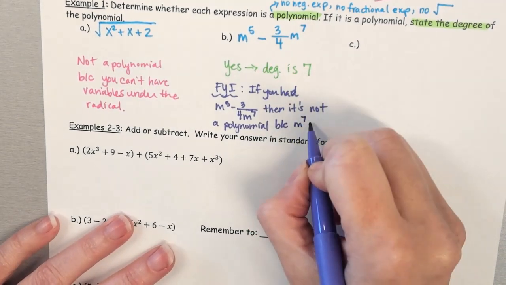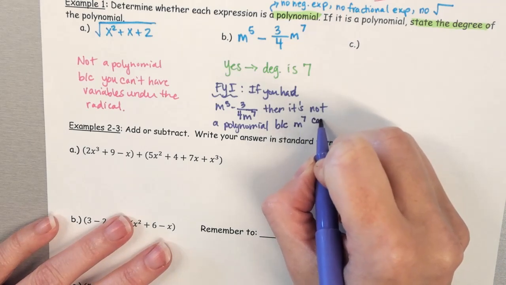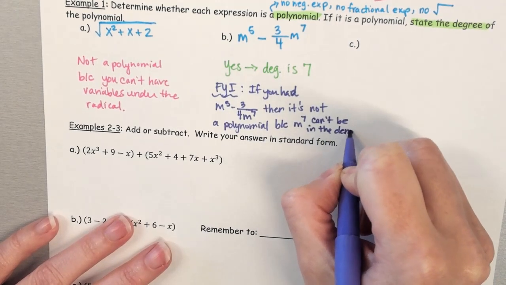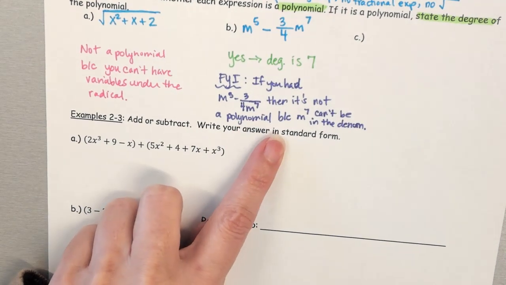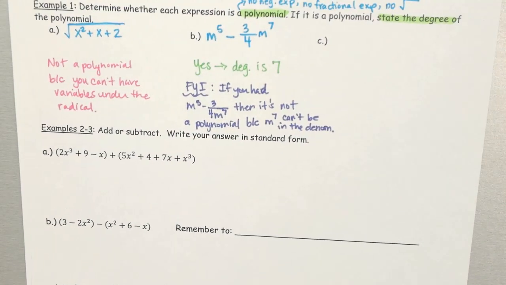Because m to the 7th can't be in the denominator. Okay, so if the variable is in the denominator, that can't happen. That's a negative exponent. But if it's on the side or if it's in the numerator, that is okay. And why is it that an exponent in the denominator is not allowed? That's one of your rules that we wrote out.